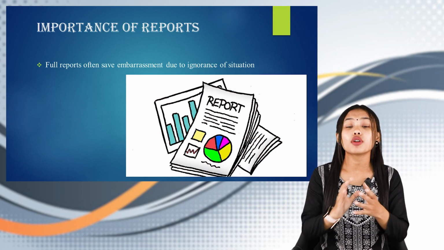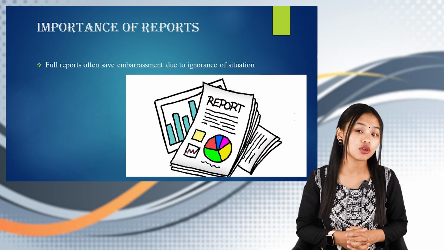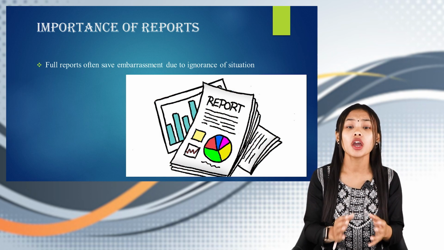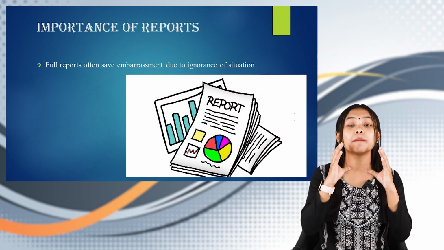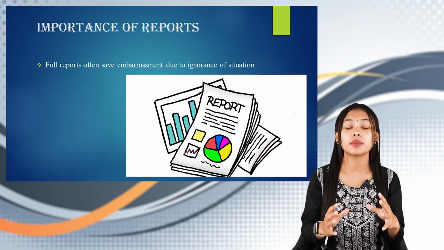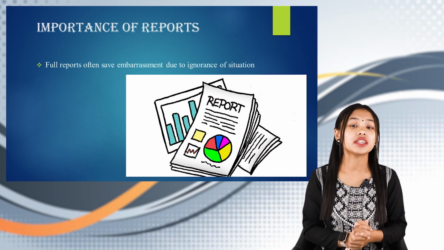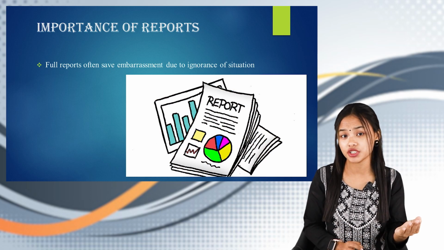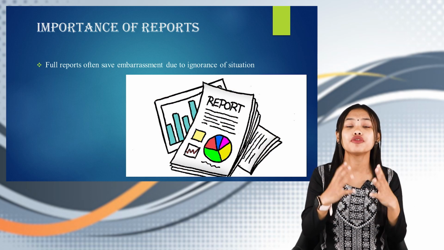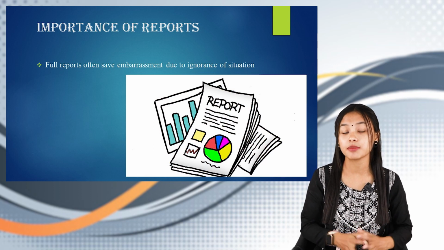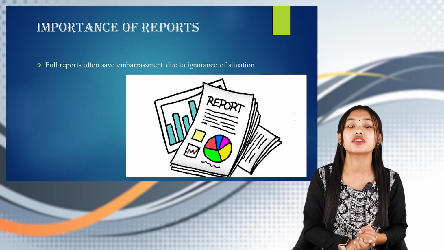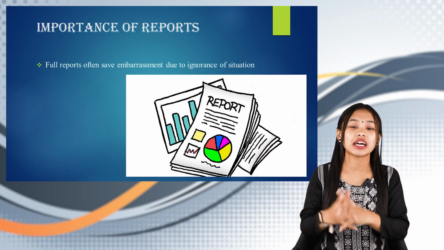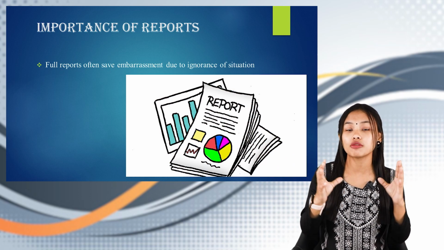A full report also saves the embarrassment which can be caused by ignorance of a situation. Whenever you report, you should make sure that you do it completely and in a detailed manner. Why? Because if you do it incompletely, there can be embarrassment because of ignorance of a situation. For example, if you've already checked the blood glucose level of the client but forgot to report this to the other nurse who is now responsible for taking care of the client, she may go again to the client and say, I have to check your blood glucose level.